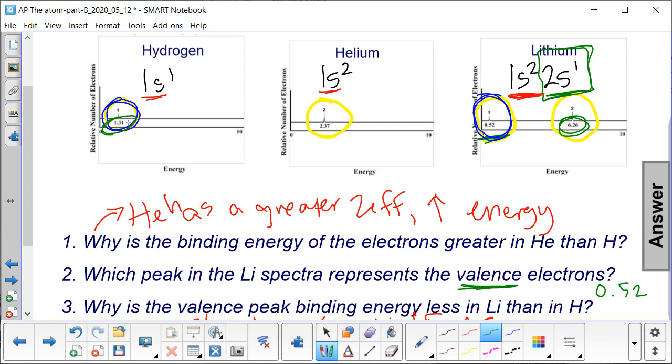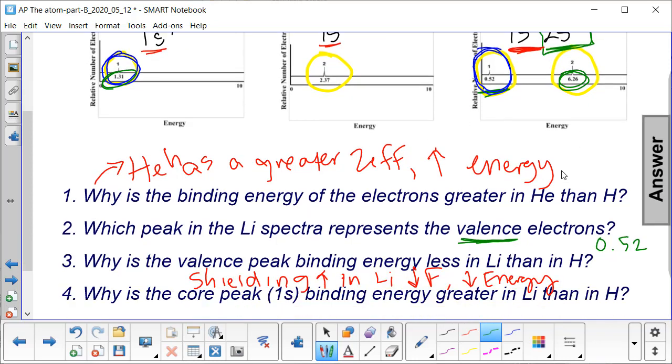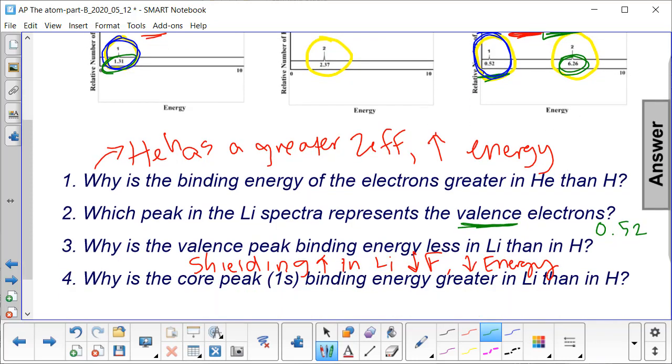Why is that 6.26 so much greater? Well, again, we have increased effective nuclear charge, right? We have 3 protons in this lithium nucleus. So we have more protons, more effective nuclear charge, and therefore increased energy. Okay.